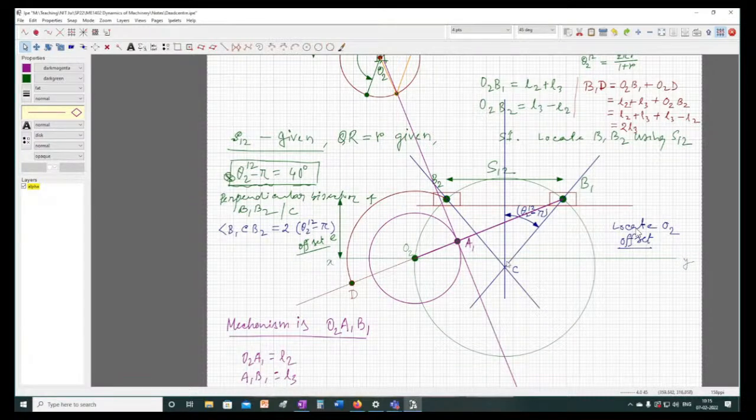Then we have drawn a circle whose center is at point C and passing through points B1, B2. This circle intersects the XY line at O2, that is the center point for the crank, the rotation.